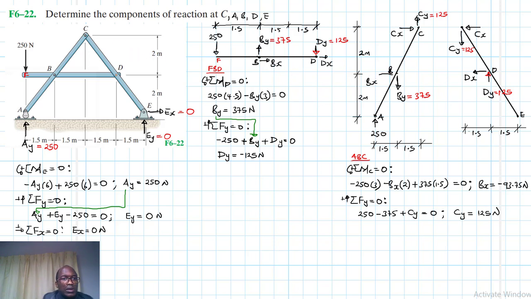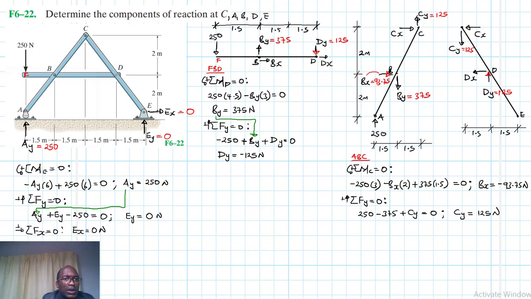Instead of going out, it will be going in like this, and is equal to 93.75.